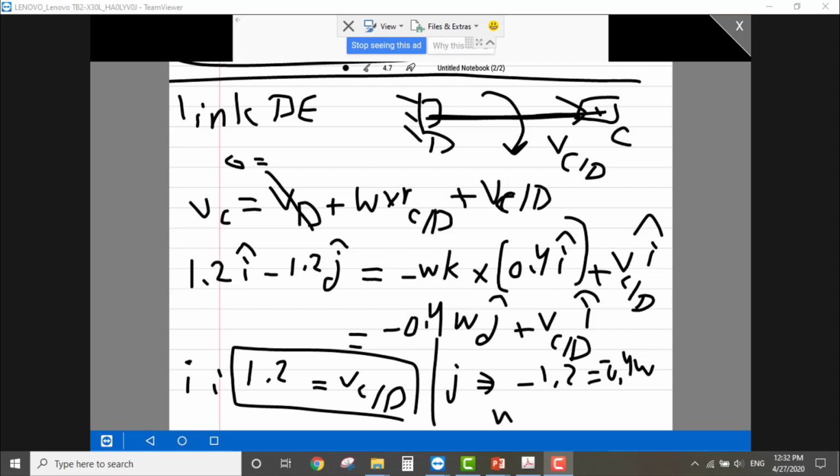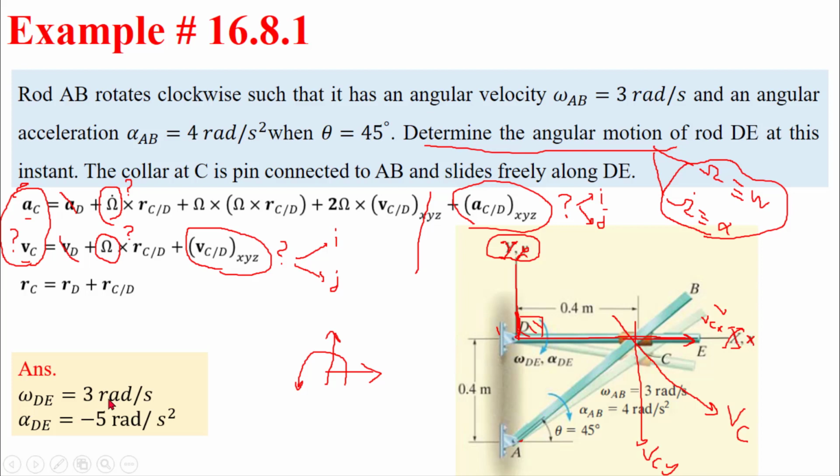Then omega will equal positive 3 rad per second. We assumed it clockwise, so its direction is clockwise. So we could find the first unknown for this problem, which is 3 rad per second.